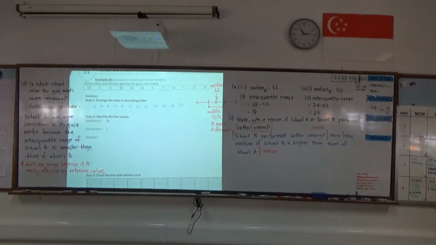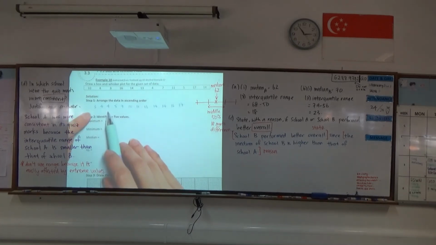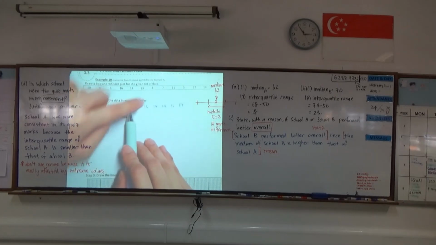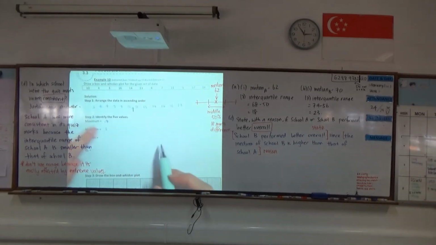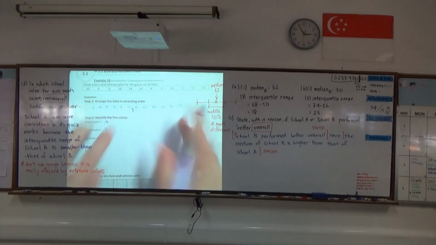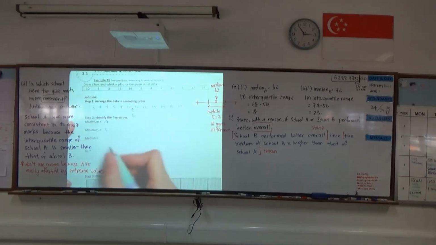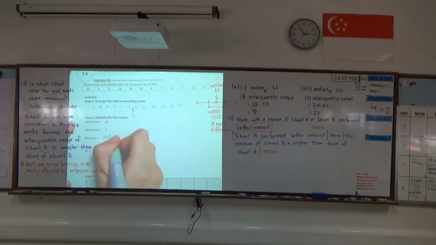Median, what would the median be, Shamin? 10.5. How do you get 10.5? 10 plus 11. The reason is that in this case we have 12 data, so our Q2 will be between the 6th and 7th. So 10 plus 11 divided by 2 is 10.5.